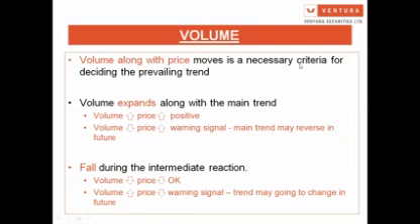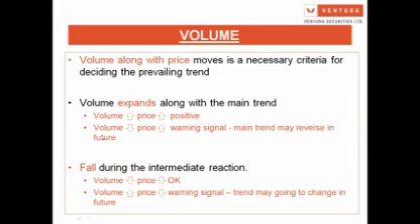Last is volume. Now volume plays a very important role in determining the price. Volume along with the price is a very necessary criterion for deciding the trend. If volume expands along with the main trend, that is, volume is increasing and price is also increasing, then it is said to be a positive trend, and there is no chance of reversal in the price chart.